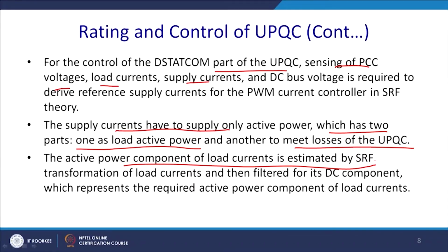The active power component of the load current is estimated by SRF transformation of the load current, and then filtering its DC component. We shall see the block diagram of it, which represents the required active power component of the load current. We are describing it first, and thereafter we shall show how it is actually done by a block diagram.